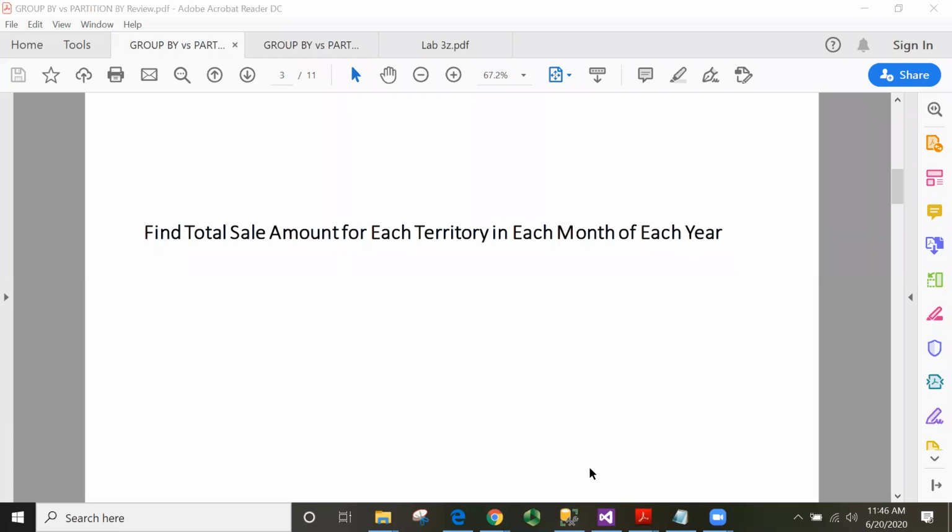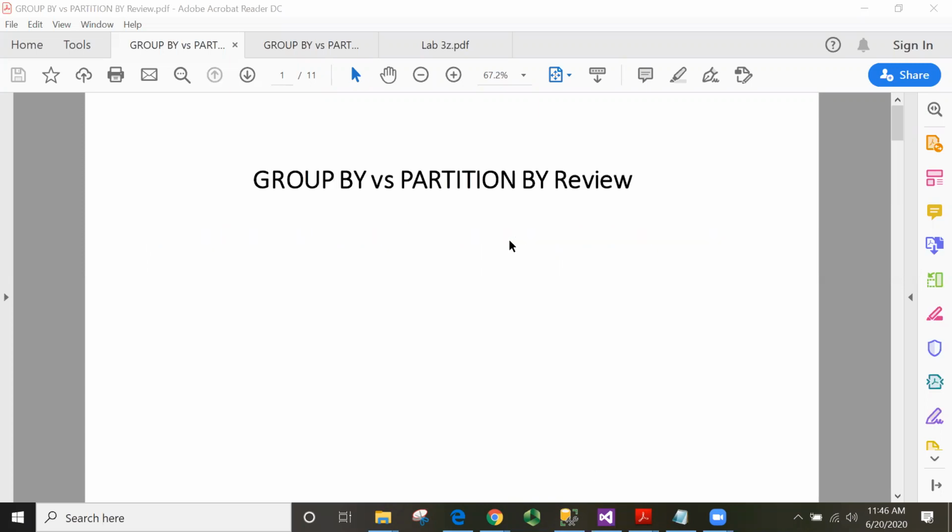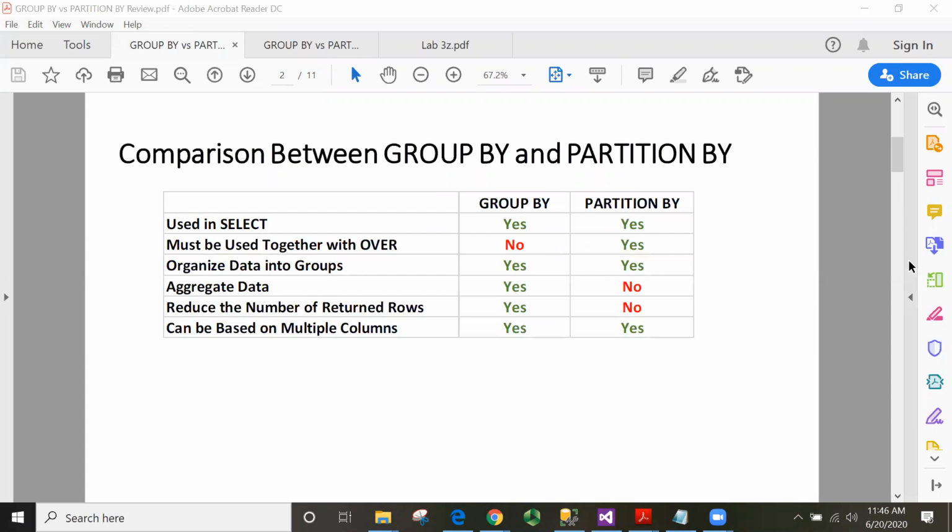Good suggestions. So go back to our comparison chart. We know we have to aggregate data, so we know for sure we need to use group by. We also need to group data together, or in other words, organize data into groups.